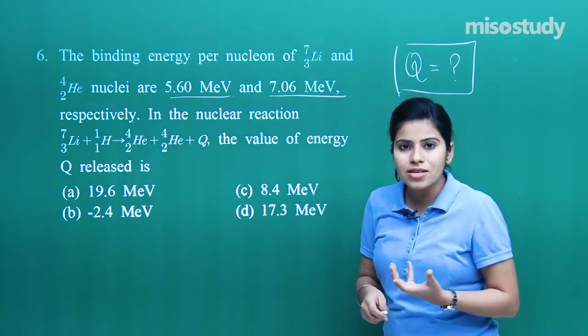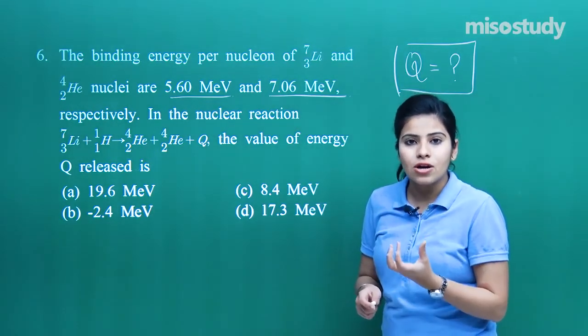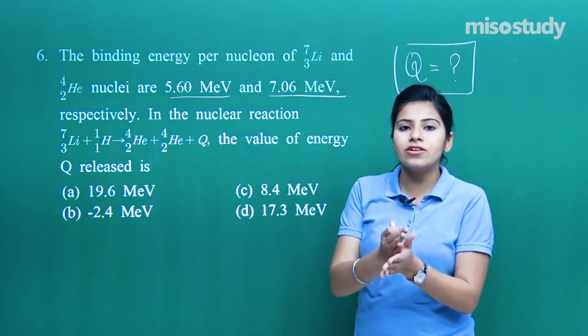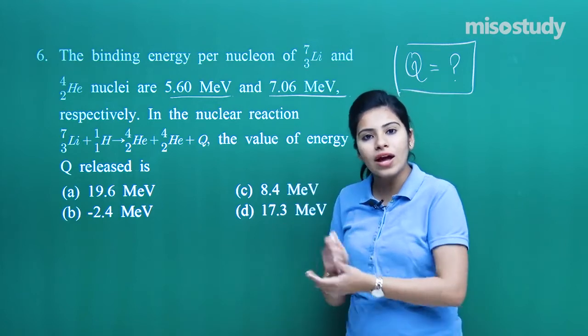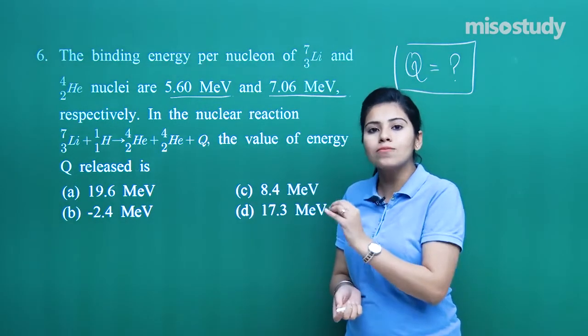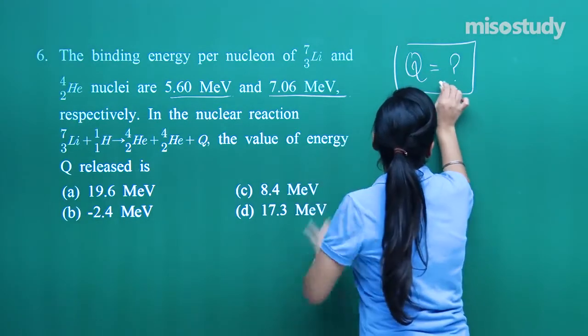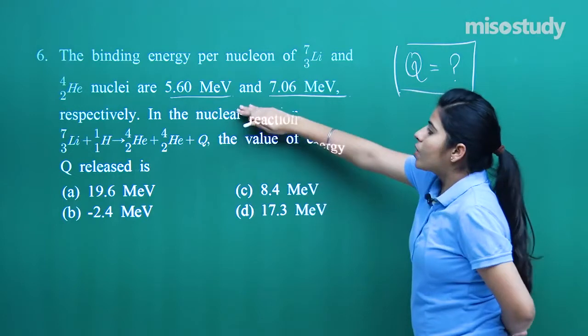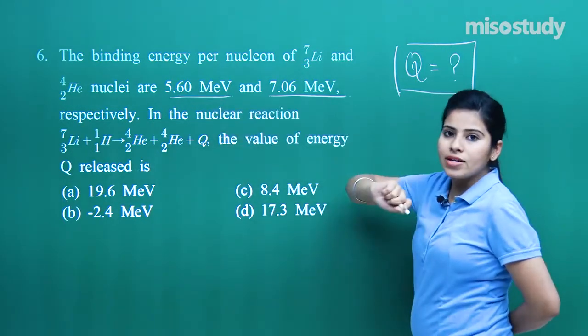Let me just repeat myself, the mass of products minus the mass of reactants, or you can say the energy of products minus the energy of reactants. So we will be using this formula and I am going to write it before you. What will be the value of Q? We have been given the binding energy per nucleon for the lithium and helium.